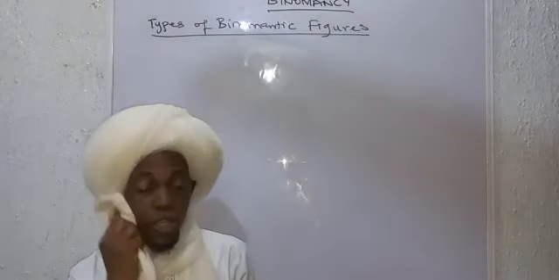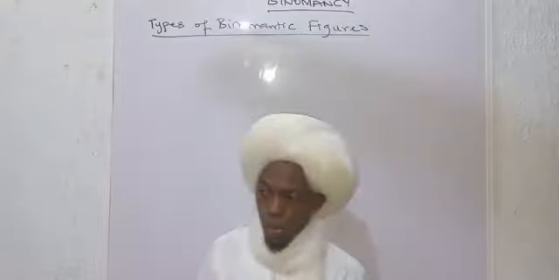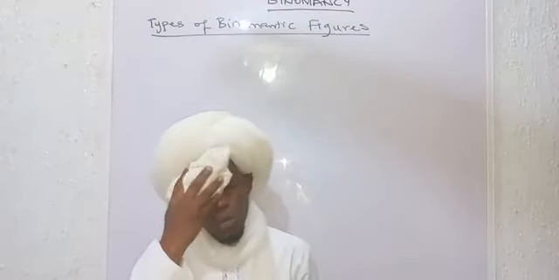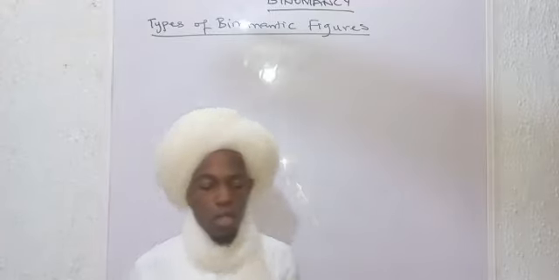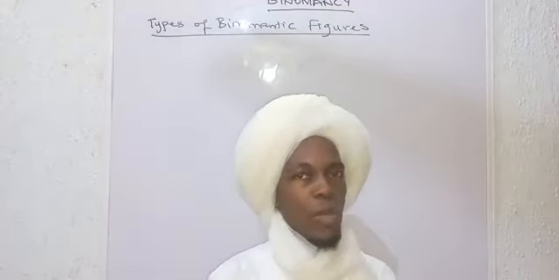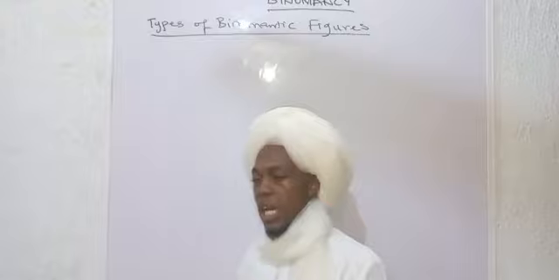We have various classifications of figures. The one we want to look at here is in terms of their configuration, how a figure is configured. So how can we classify figures based on their configuration?